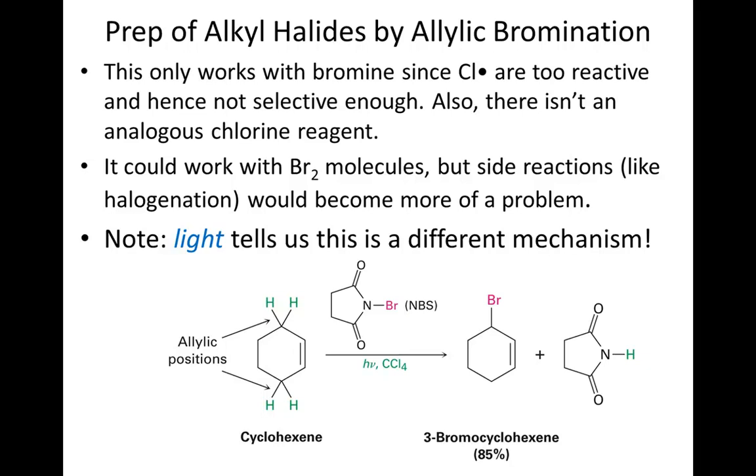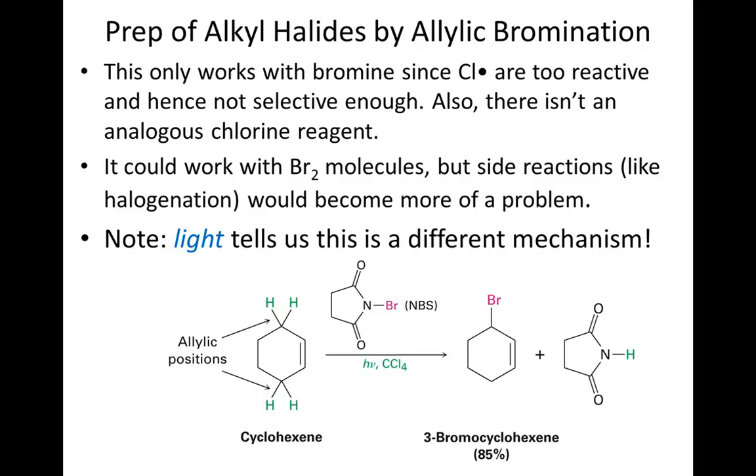And so these chlorine radicals are so reactive that they're not very selective. Even though the reaction works in principle, it also produces a bunch of other things, and so we won't be able to use it effectively with chlorine. It's not that there's no reaction, it's just not a useful way of going.